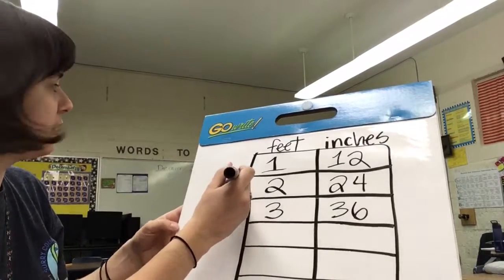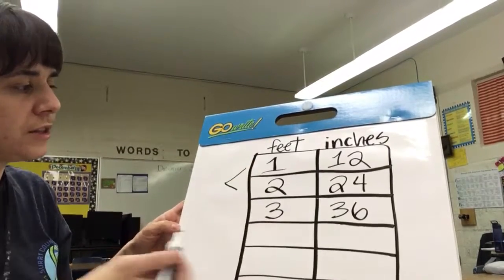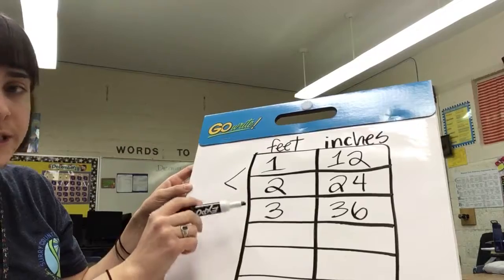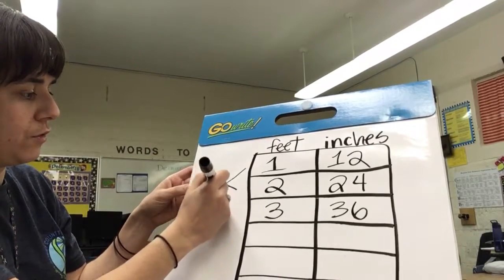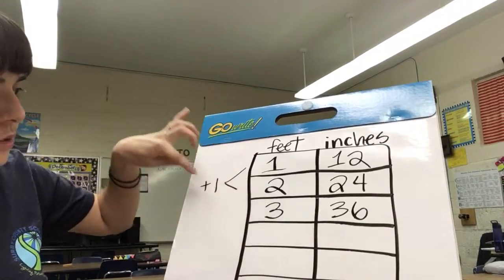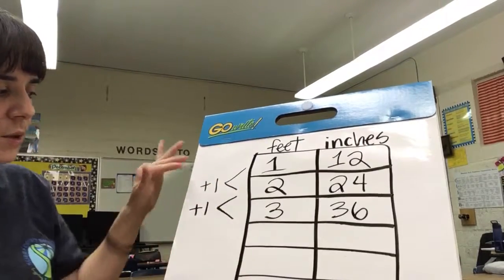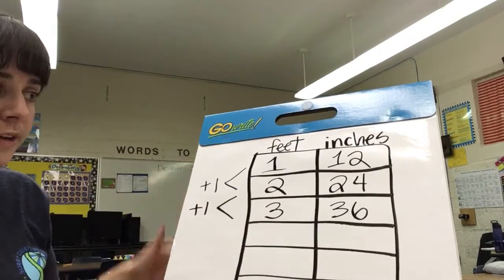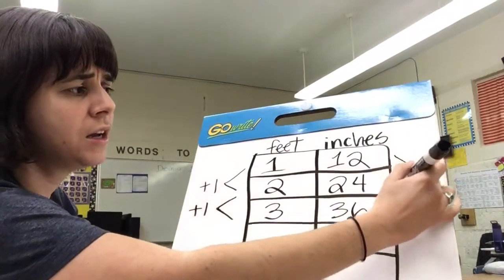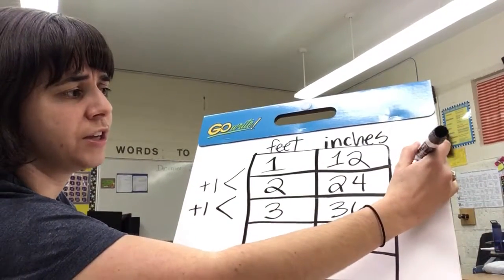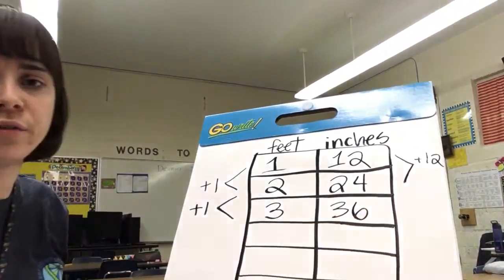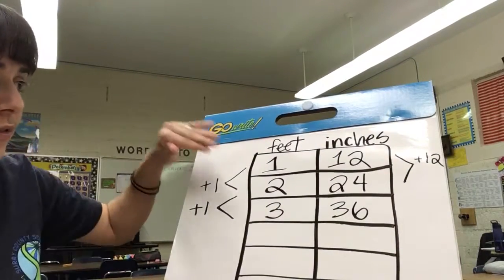On the left, on the side with feet, you should notice there's a pattern of increasing by 1. 1 plus 1 is 2, and then 2 plus 1 is 3. So we've got a pattern of adding 1. And then on the right side, we're increasing by 12 each time because we're adding 12 additional inches for every foot.